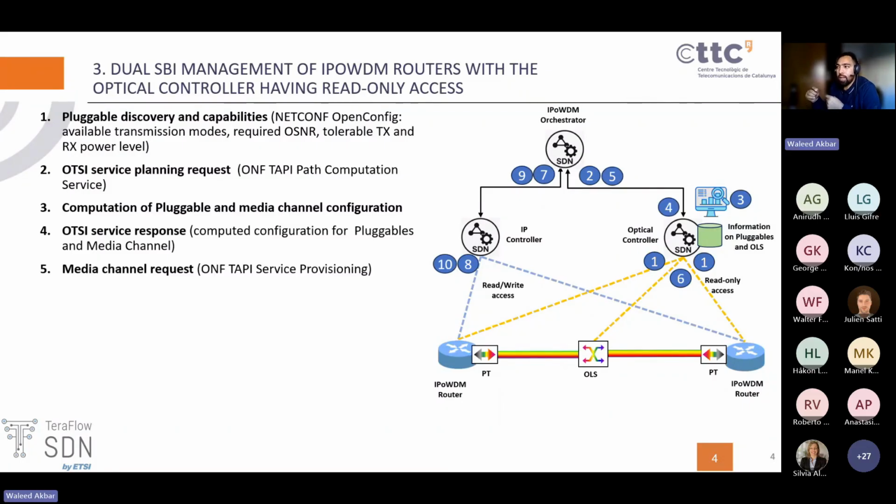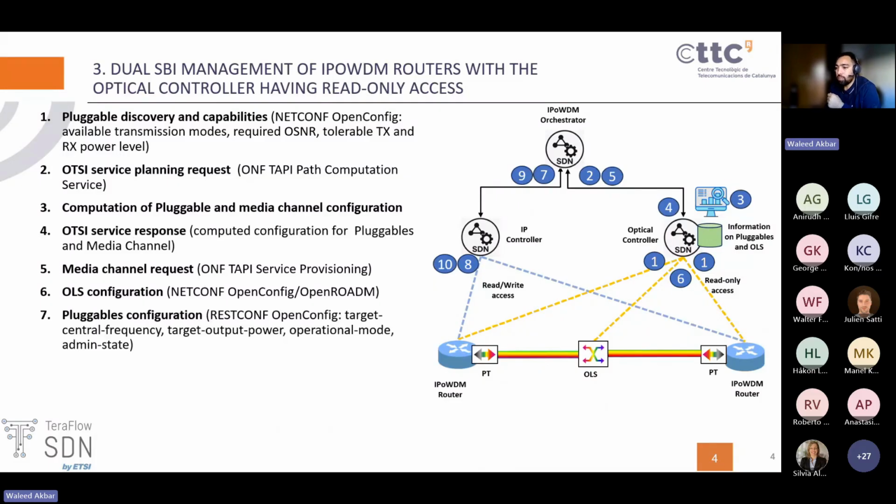Then the orchestrator will send a media channel request towards the optical controller, and the optical controller will perform the OLS configuration based on the media channel request. Once this is done at the optical level, the orchestrator will request the IP controller to configure the pluggables based on the OLS configuration and the OLS service response that is received from the optical controller.